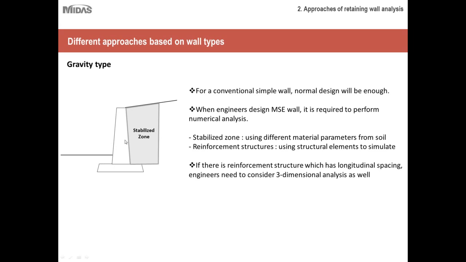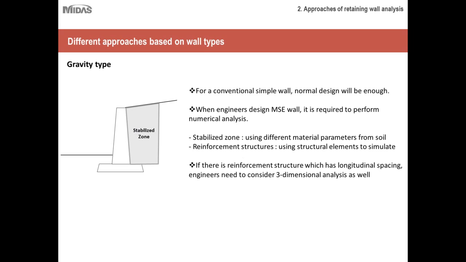If the arrangement of the reinforcement widely varies from one section to another, or if you are using a reinforcement member which behaves like a geotextile or a geogrid and has two-dimensional properties, then you should go for 3D analysis.